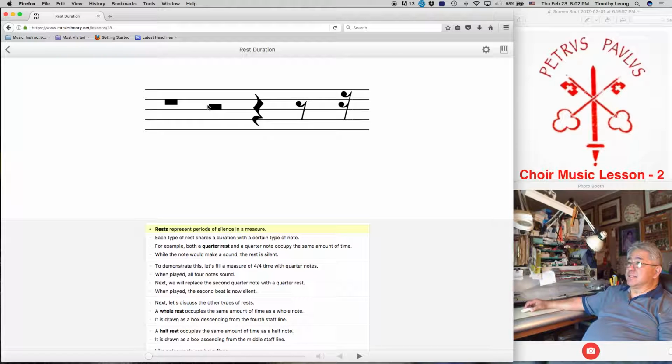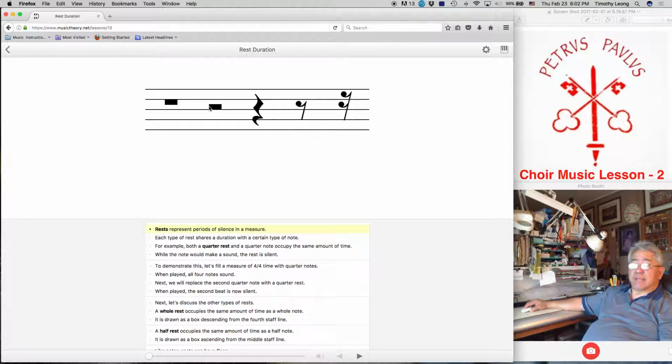Okay? Now this one is a half bar of rest of whatever the bar signature is. Okay, so if this is a 6/8 bar, and you got a line here and a line here, how many beats of rest is there in a 6/8 bar if this is only a half a bar rest?